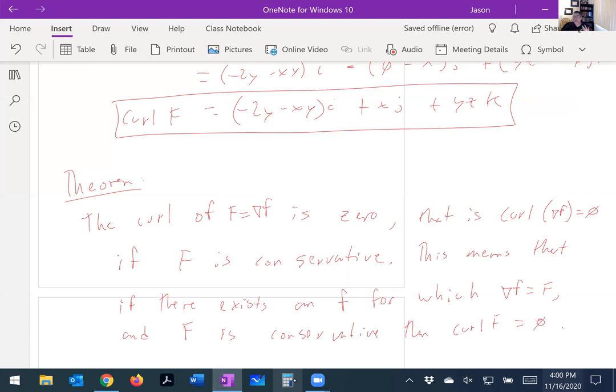So basically, if you give me the vector field, and I find that the curl of F is 0, then I know it's conservative. Then I know the original vector field was conservative.